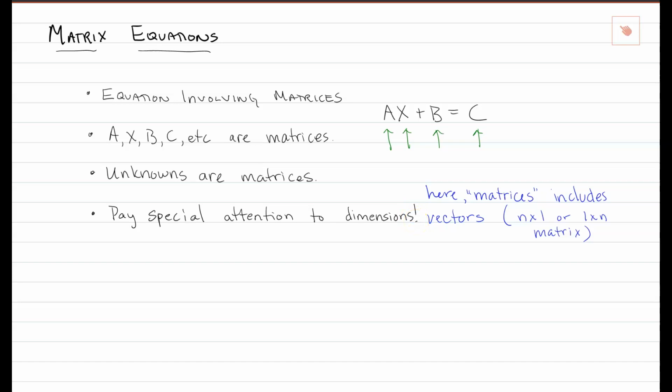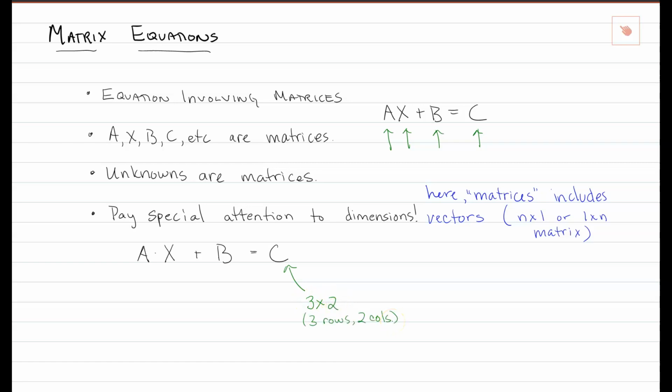So for example, in the equation above, AX plus B equals C, let me just space that out and write it down again. If we have A times X plus B equals C, and each of these is a matrix, then they each have dimension, some rows by some columns. Let's say C is a 3 by 2 matrix.